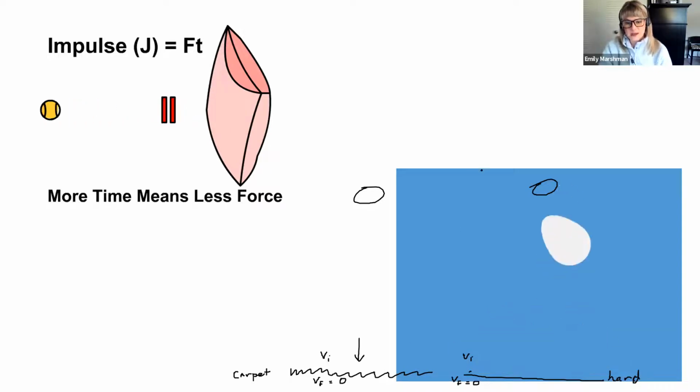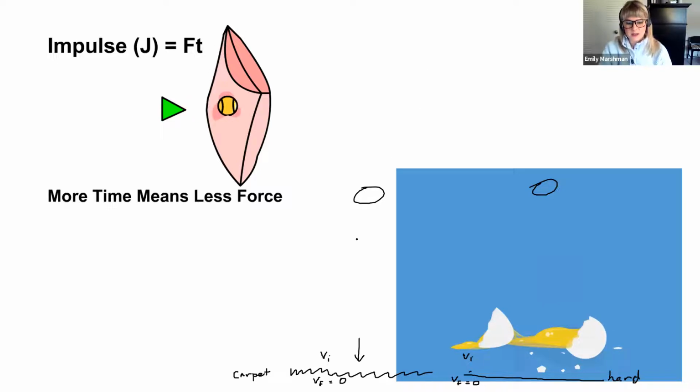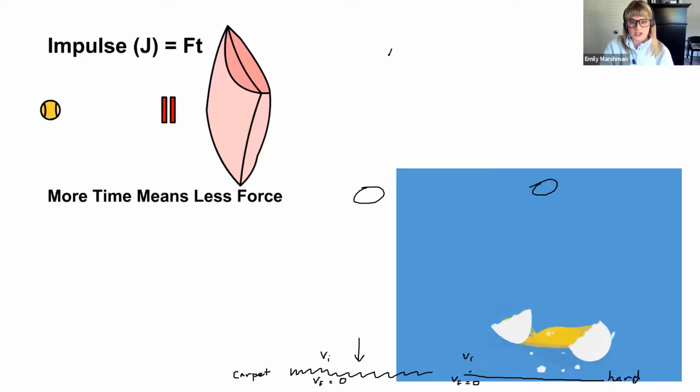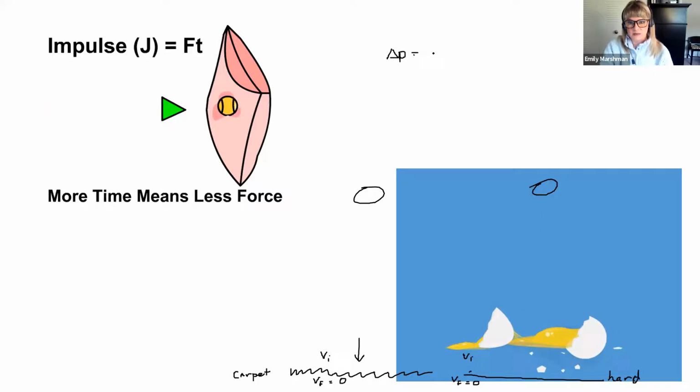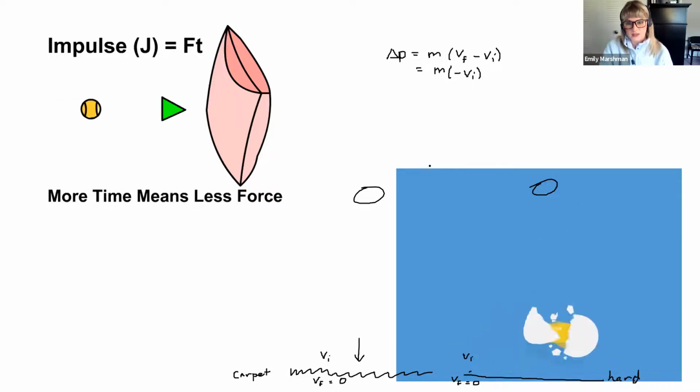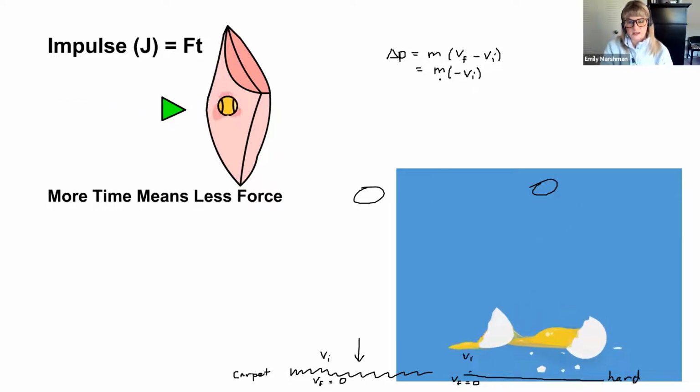So if I think about the change in the egg's momentum while it's interacting with the carpet or the hardwood floor, the change in the object's momentum is going to be the mass of the egg times the final velocity minus the initial velocity. Final velocity is 0. The initial velocity is acting down, so I'm going to put a negative sign here just to remind us.